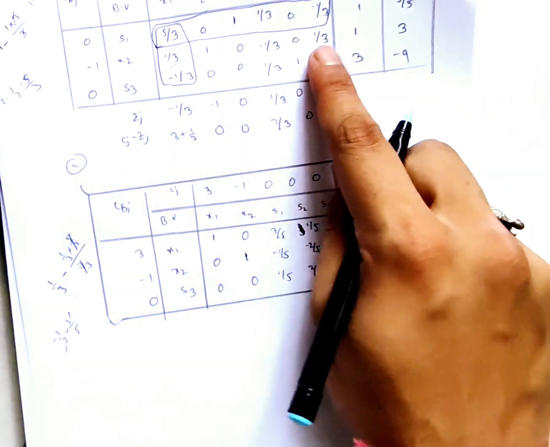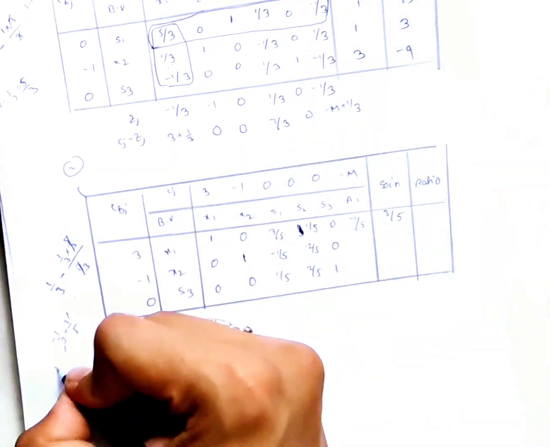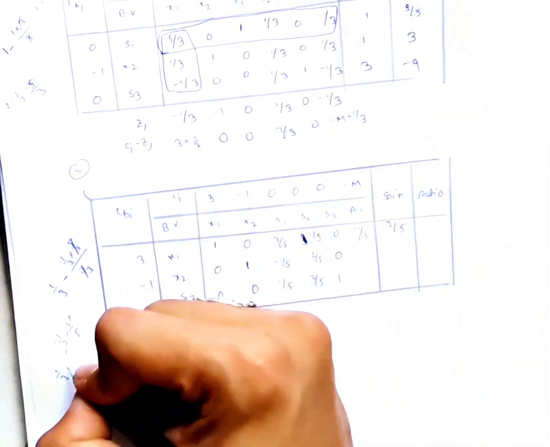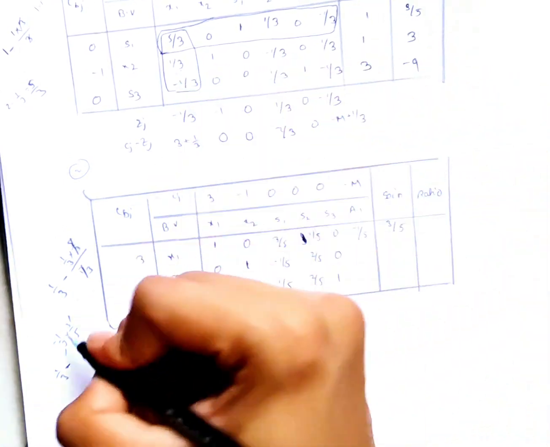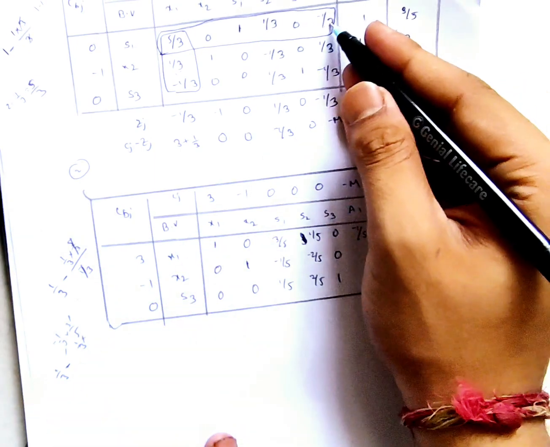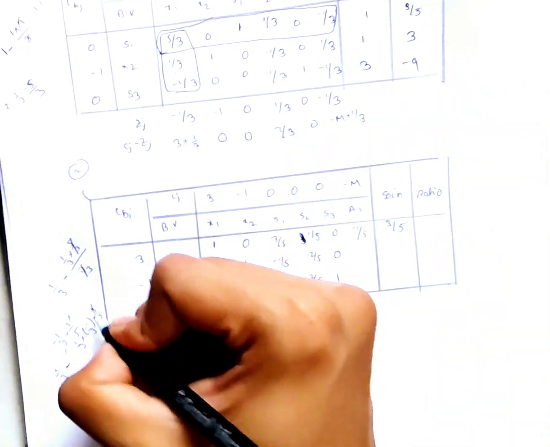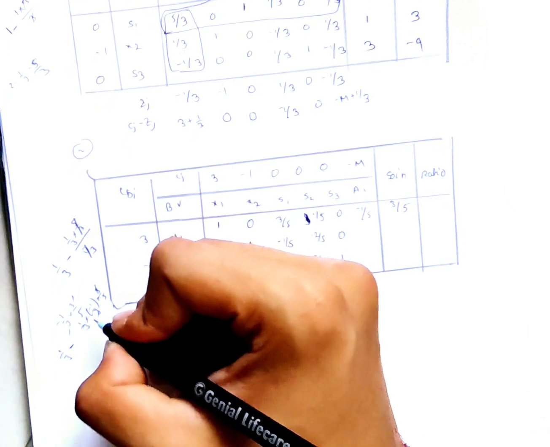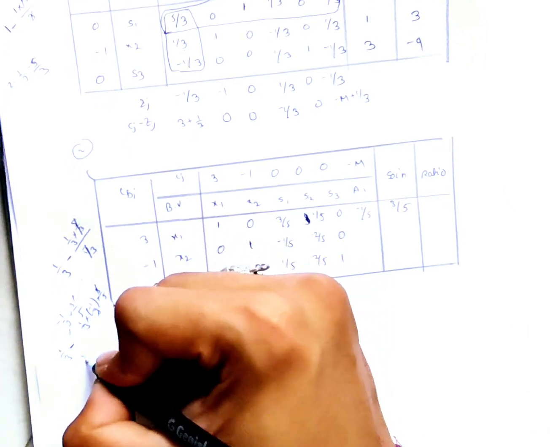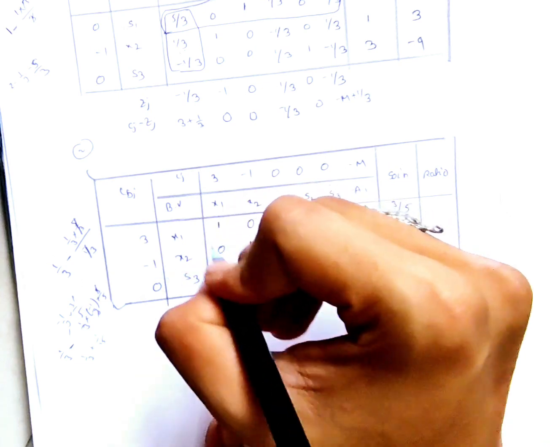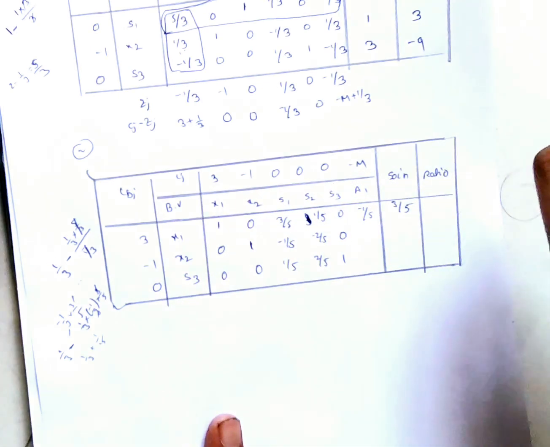So here what will be the value? 1 by 3 minus, I am just calculating for you. Here 1 by 3 is the old value minus the key row value, 1 by 3 into minus 1 by 3 into 3 by 5. 3 got cancelled, and after that 1 by 3 plus 1 by 15, 6 by 15, 2 by 5.